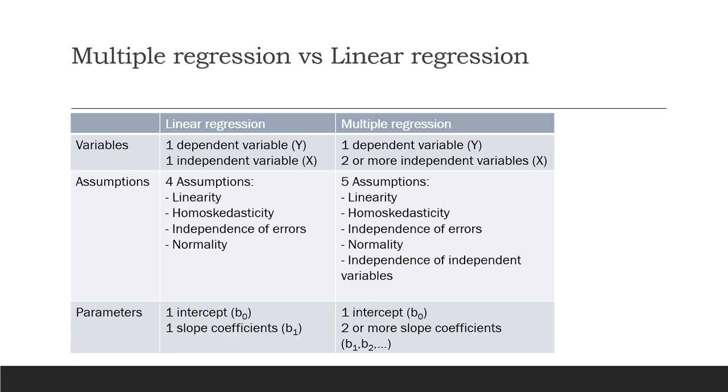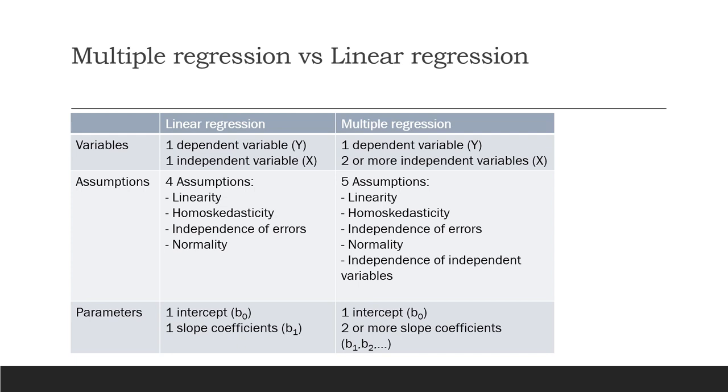Sounds interesting, right? And obvious as well. With linear regression, you have only one dependent variable and one independent variable. But for multiple regression, you have one dependent variable, but two or more independent variables. Multiple regression also has more assumptions than linear regression.